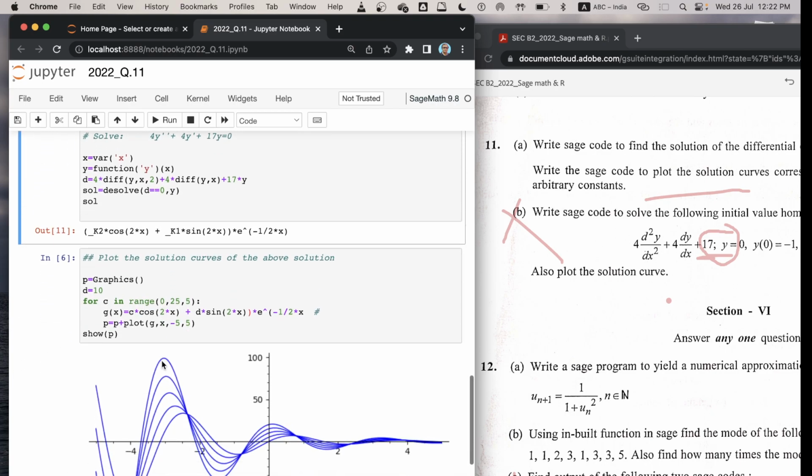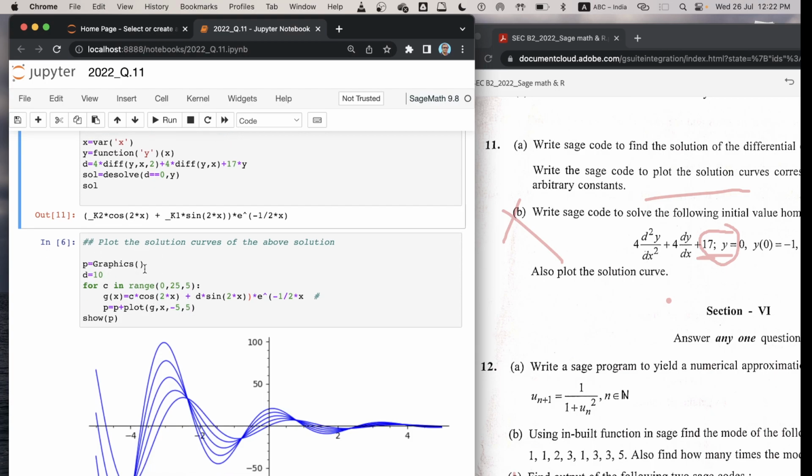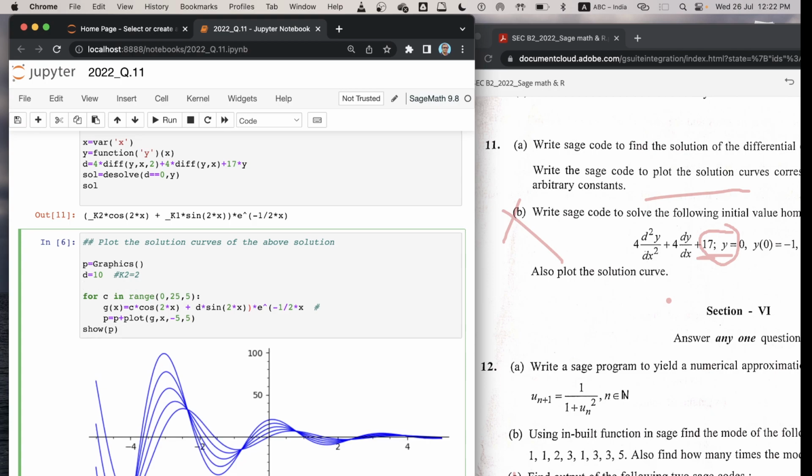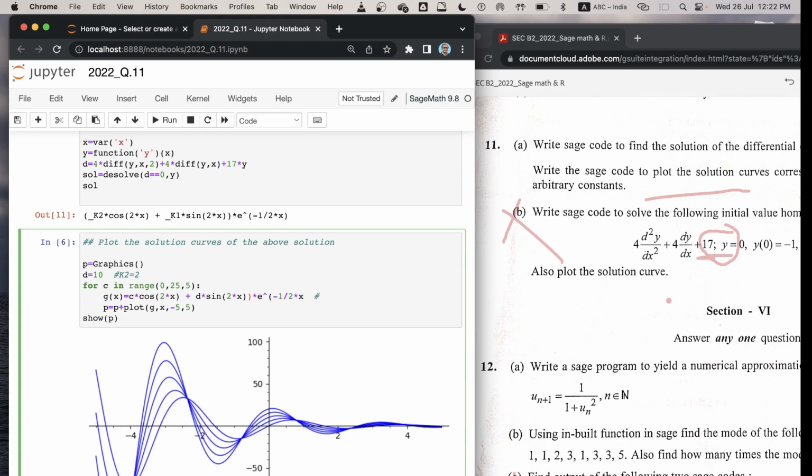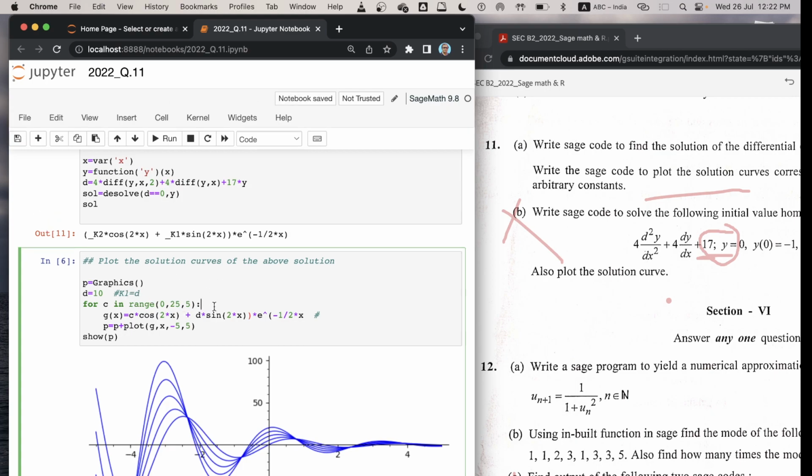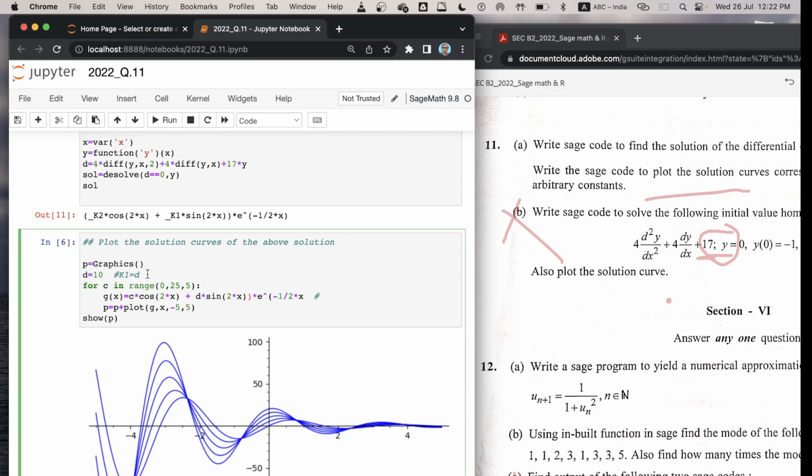If we plot the general solution, that is, particular solutions for particular values of k1 and k2, we choose d for k1 and c for k2.